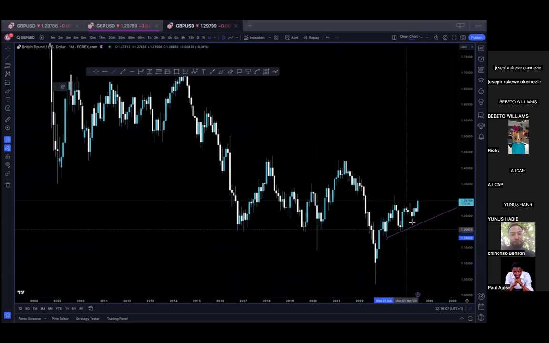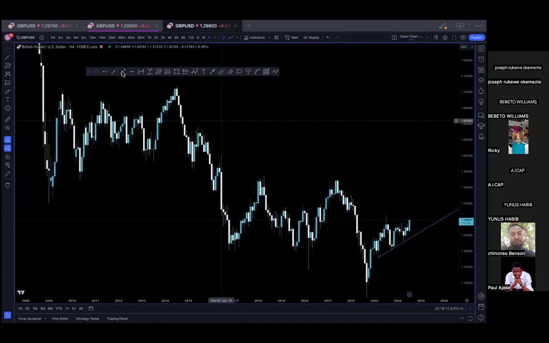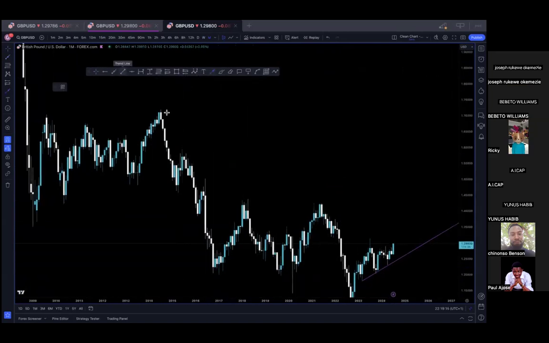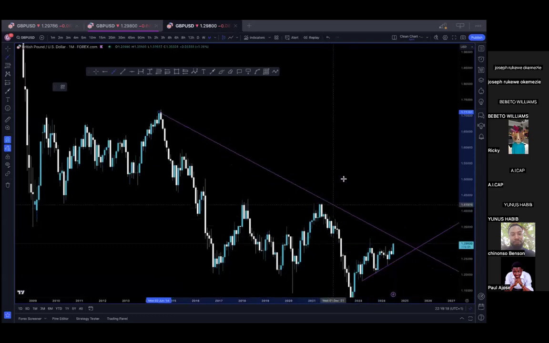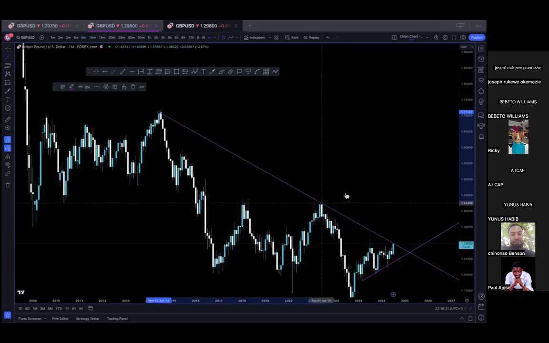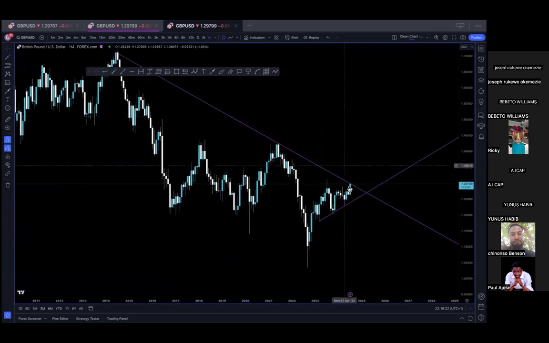On the monthly time frame, I have this. This is the third touch here. I have another trend line from this zone here. So this new week, I'm expecting some pullback based on this, but I'll wait for confirmation. Let me go to weekly time frame now.